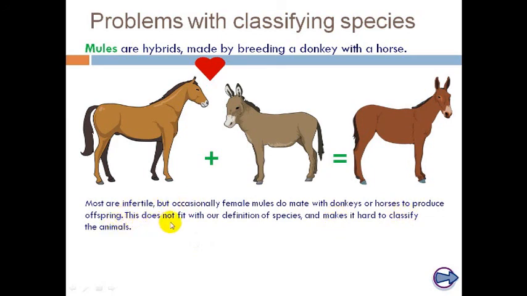This does not fit with our definition of species. Because why? Species, they say, is the same type of organism, so that they can breed. However, horse and donkey are not in the same species. So this is what makes it hard for scientists to classify the mule into which group.